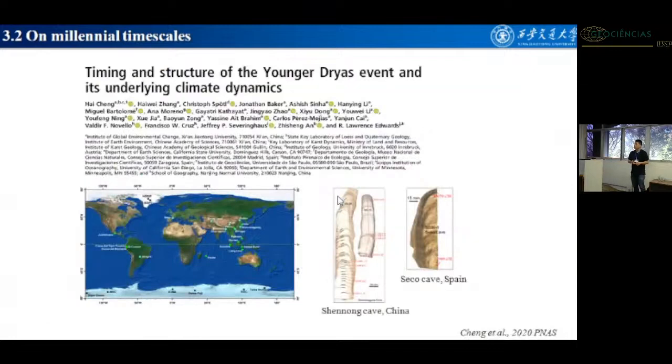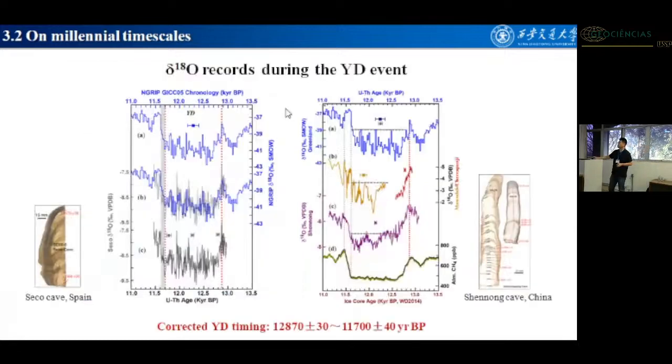This is another work where we use very precise chronology from Cycle Cave in Spain and also Shandong Cave from southeastern China to reconstruct the timing and structure of the Younger Dryas. For Cycle Cave, the speleothem delta 18O is dominantly influenced by temperature, so it can be compared directly with the Greenland ice core delta 18O, because both of them are influenced by temperature.